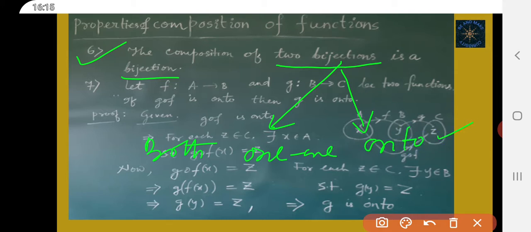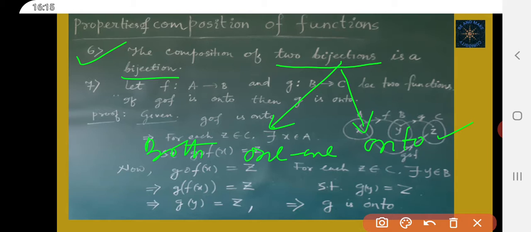And we have already proved that the composition of two one-one functions is a one-one function, and also we have proved the composition of two onto functions is an onto function.